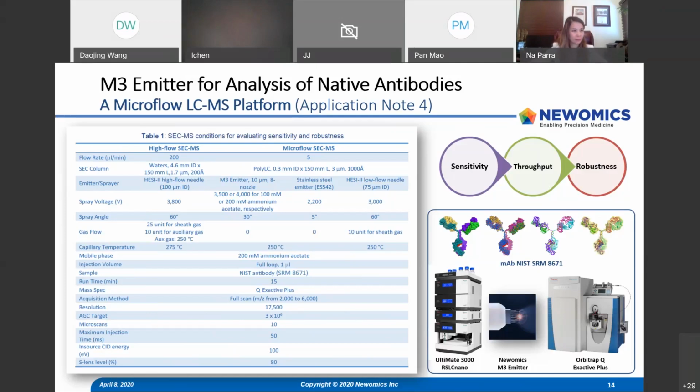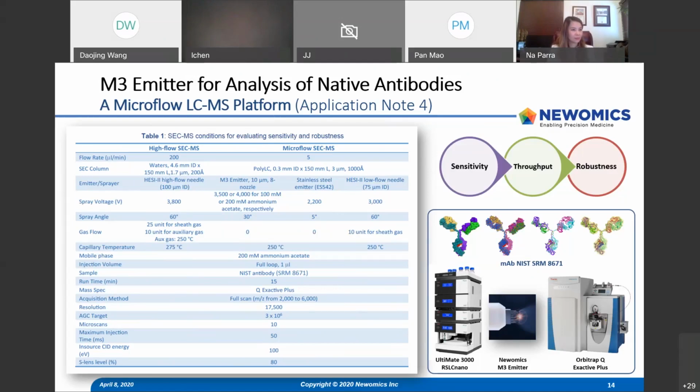If you remember, my first publication in analytical chemistry in 2007 was for nanoflow applications for our emitters. But these days, we want to increase the robustness while dramatically increase the sensitivity. So we are exploring different kinds of designs, geometry.